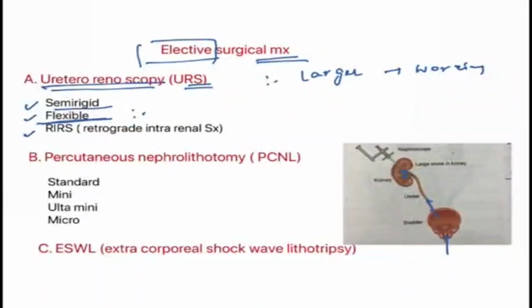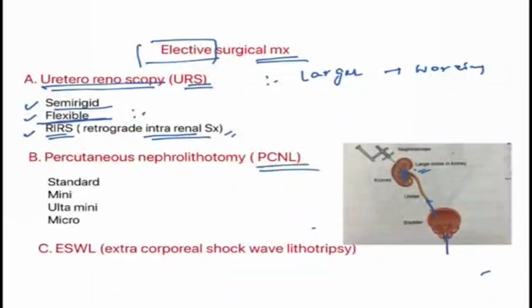Flexible's advantage is that it can reach the upper regions, but larger stones cannot be removed. And RIRS, that is retrograde intrarenal surgery, is done when the stones are inside the kidney, and via this scope kidney stones are removed.